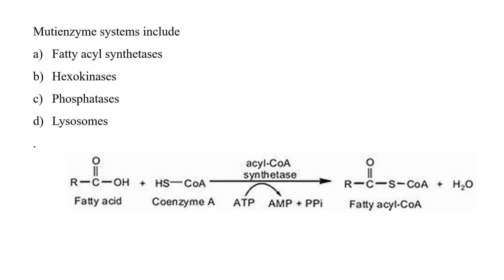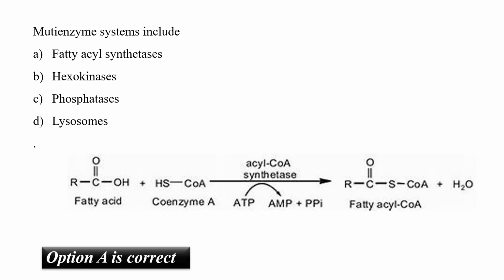There is another enzyme which is associated with fatty acid anabolism, that is fatty acid synthase. This enzyme is also a multi-subunit enzyme having 6 enzyme activities. So here the enzyme fatty acyl synthetase is the answer, a multi-subunit enzyme which is involved with fatty acid catabolism.